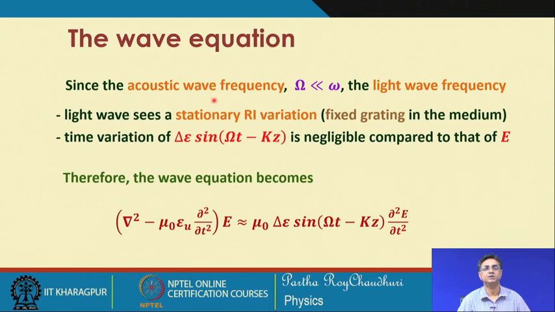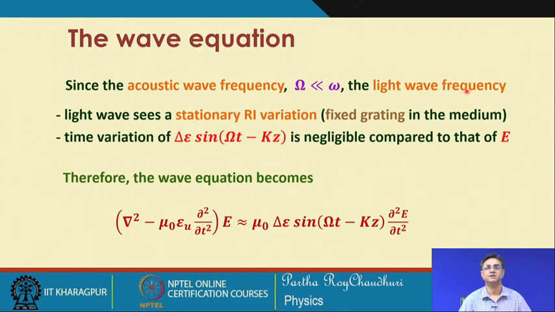Now, since the acoustic wave frequency omega is much less than the light wave frequency, this situation we have discussed earlier also. This is of the order of some megahertz or some tens or hundreds of megahertz, whereas this is 10 to the power of 14, 15 hertz. So, the light wave frequency is many times more than this frequency.